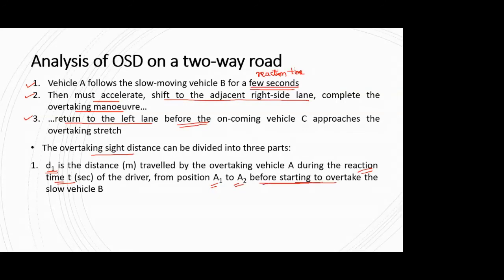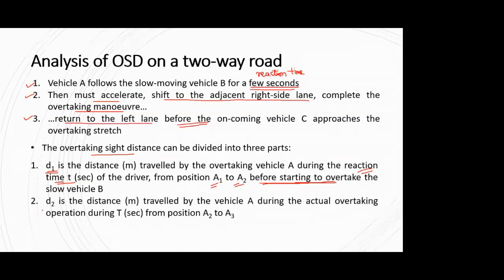The overtaking has not yet started, but this distance D1 will be considered in the overtaking sight distance, because the decision whether to overtake or not was taken during this distance, D1. So though it's not actually the start of overtaking, we have considered D1 because it is the distance covered during that process of decision making.